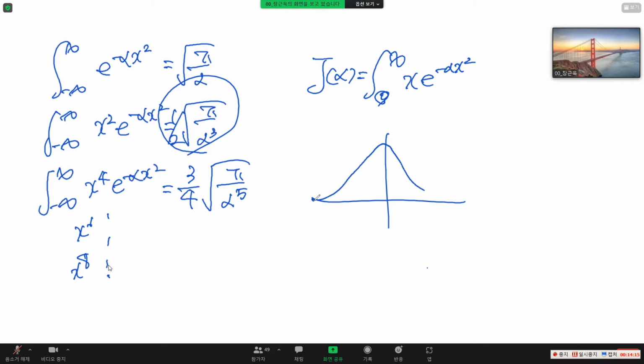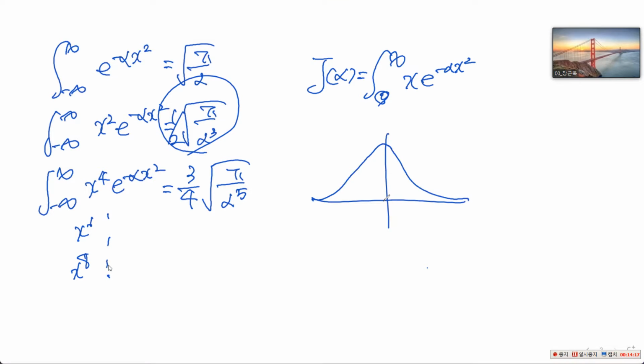Because it is a symmetric function, so the integration becomes 0. So actually we can integrate, but there is no information. Okay? So as I told you, it is given by 1 over 2 alpha.